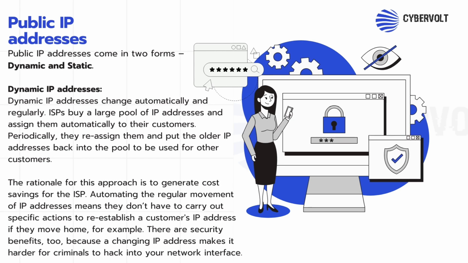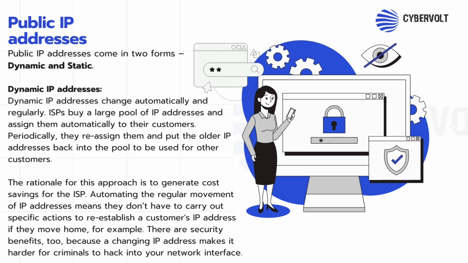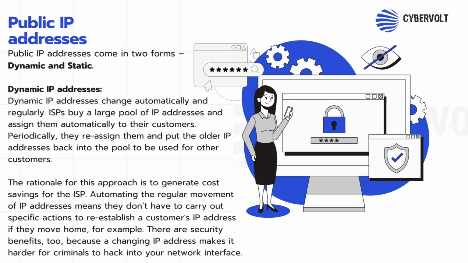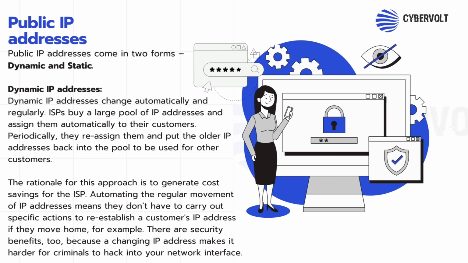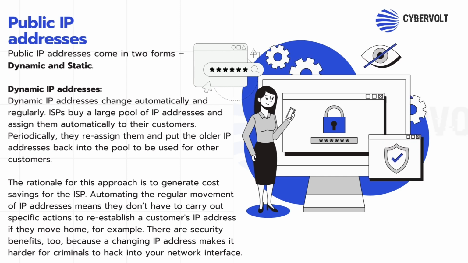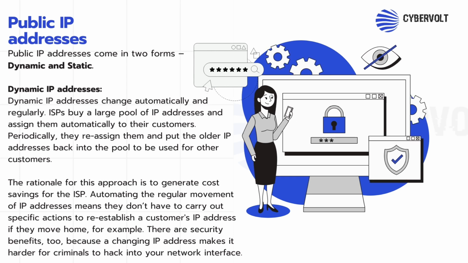Dynamic IP addresses. Dynamic IP addresses change automatically and regularly. ISPs buy a large pool of IP addresses and assign them automatically to their customers. Periodically, they reassign them and put the older IP addresses back into the pool to be used for other customers. The rationale for this approach is to generate cost savings for the ISP.